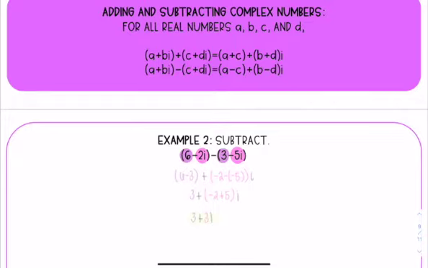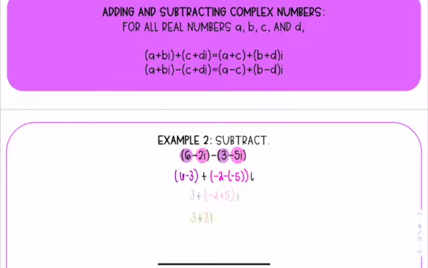So as far as the real part goes, we have 6 minus 3. And then we're looking at the imaginary piece. We have -2 minus -5, and that's times i. So we're just looking at the coefficients in front.